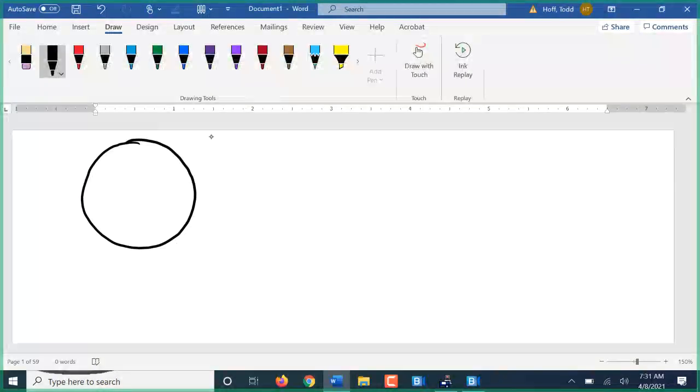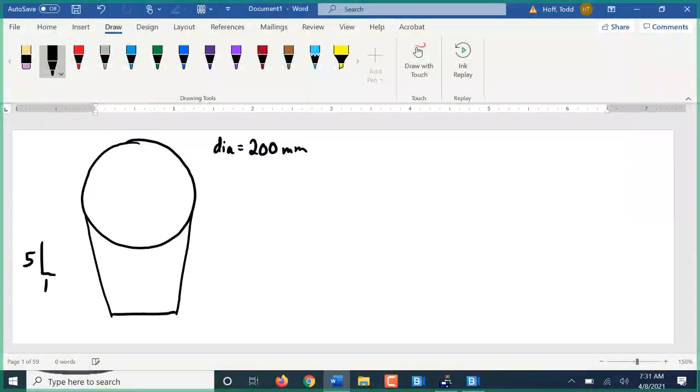We have a circle with a diameter of 200 millimeters, with tangents coming off that circle at a 5-to-1 slope, 5-to-1 aspect ratio, going down to a flat base that is 80 millimeters.